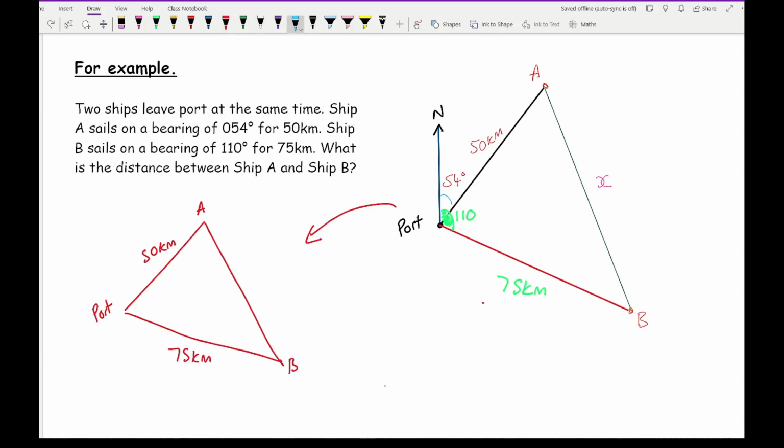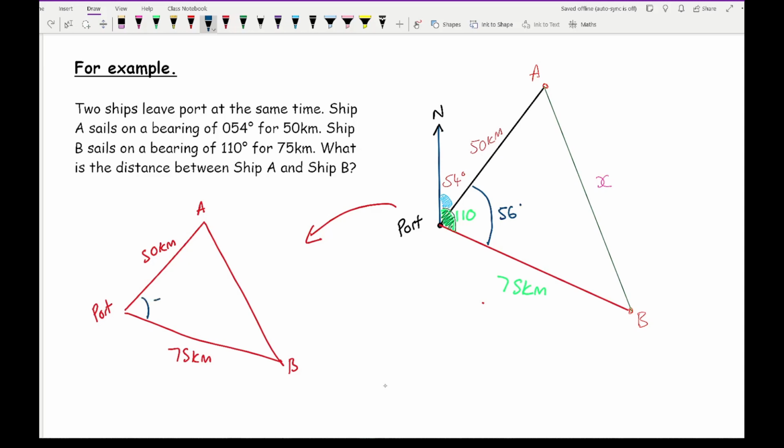Now, this little bit of the angle is 54 degrees and all of that angle here is 110, so this angle here must be the difference, which must be 56 degrees.